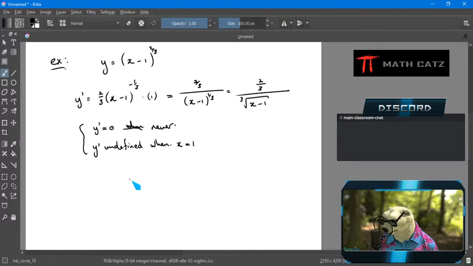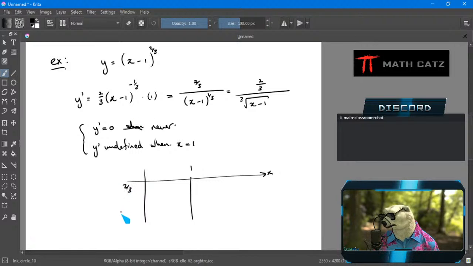All right. So we will list all the numbers we get out of these two checks. In this case, there's only one. And I'm going to list all the pieces that I see. I see a 2/3, and I see a cube root of x minus 1.